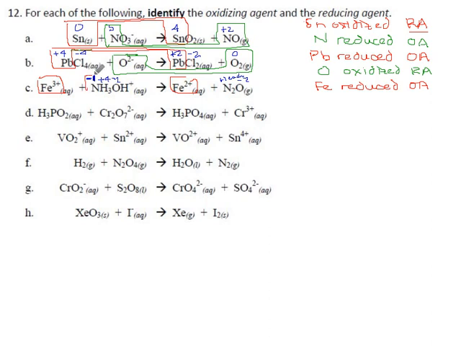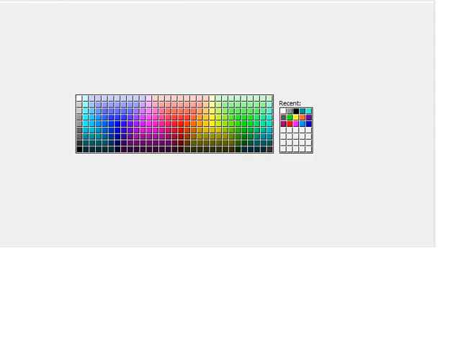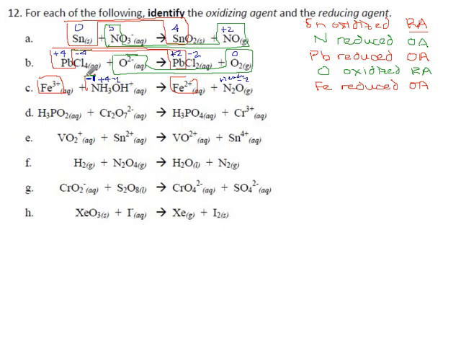Nitrogen started at -1 and went up to +1. So nitrogen was oxidized. And if you got oxidized, you are the reducing agent.